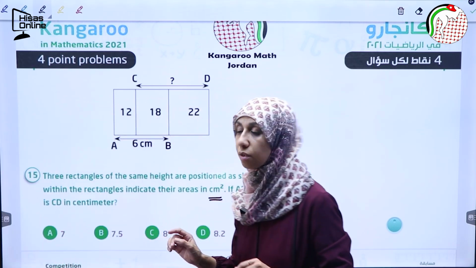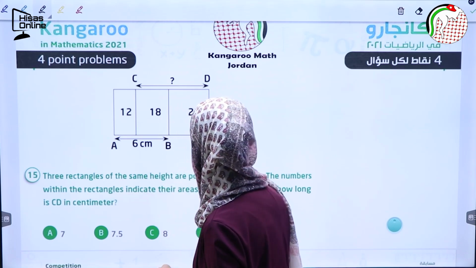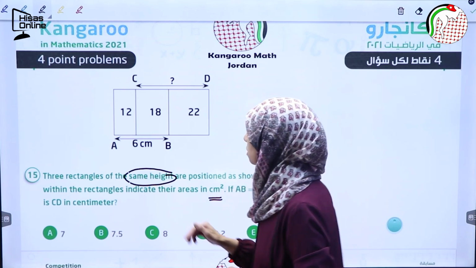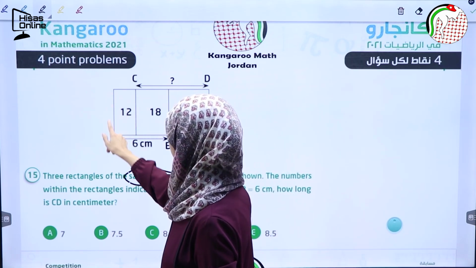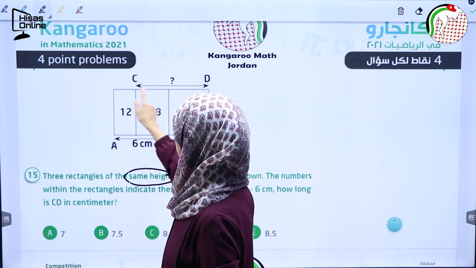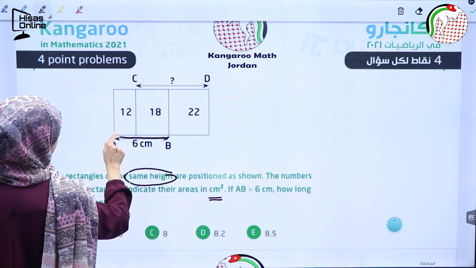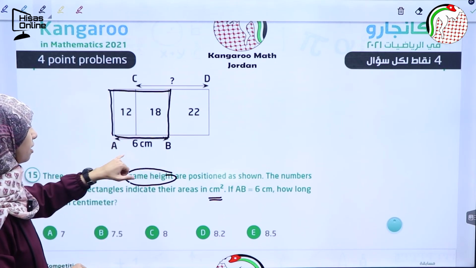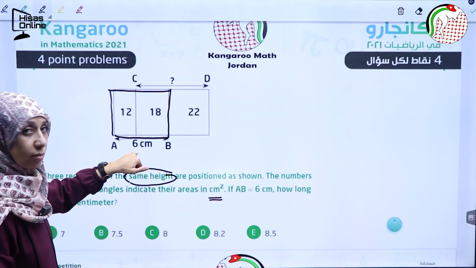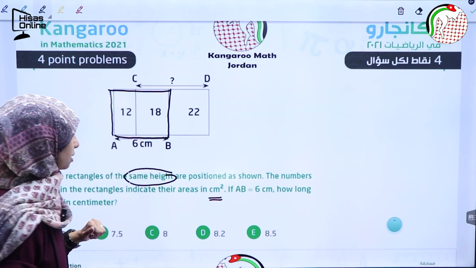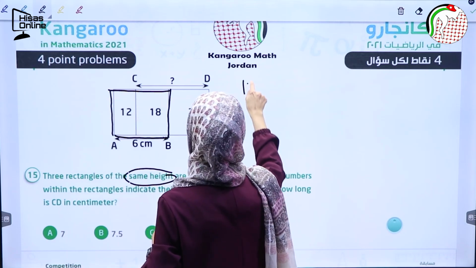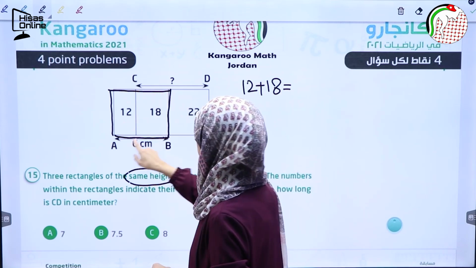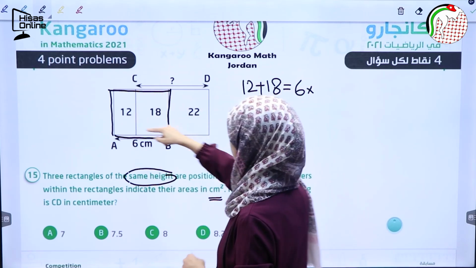Let's see. They said, very important point, that they have the same height. That means that I can find the height using this rectangle here. So in the first rectangle, I have the area, I have one dimension, and the height is missing. So 12 plus 18 equals 6 times the height.